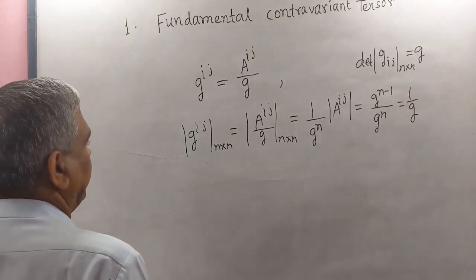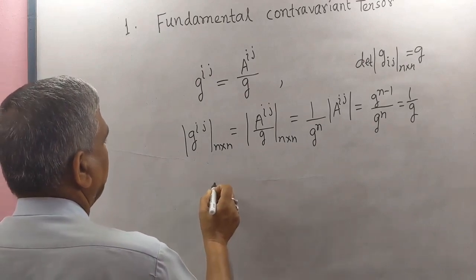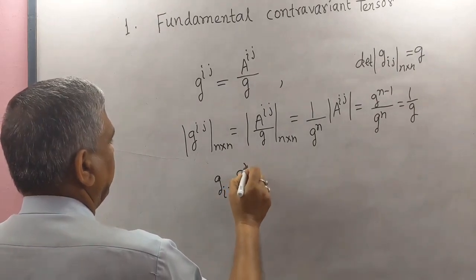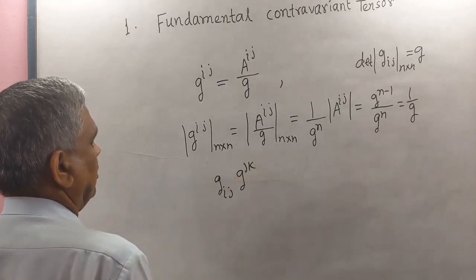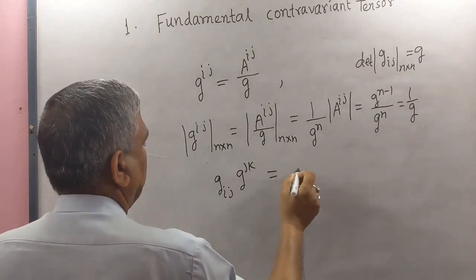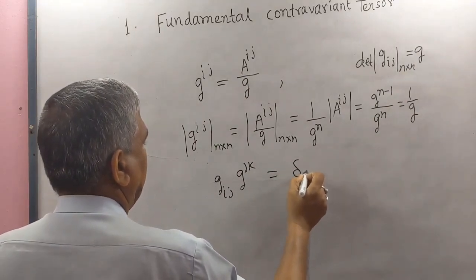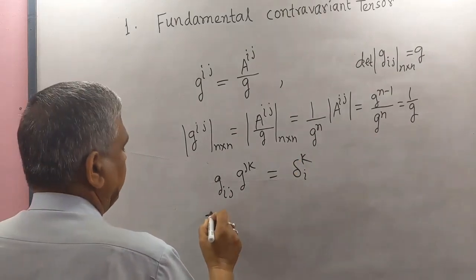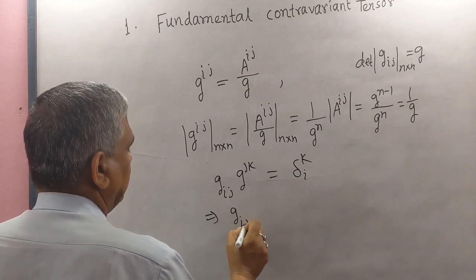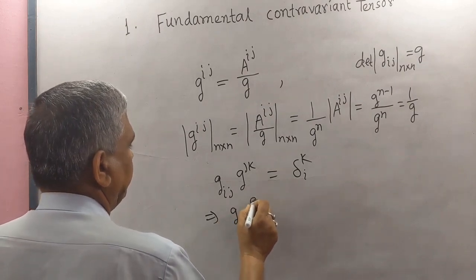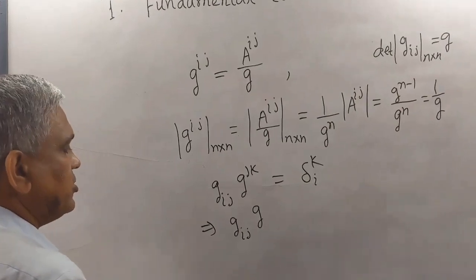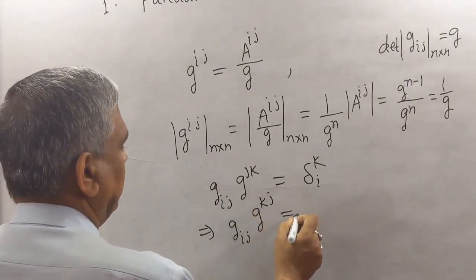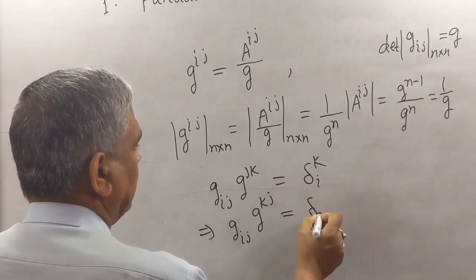Next we know the property of the conjugates as Gij Gjk equal to delta ik, which implies that Gij, this conjugate tensor is symmetric, Gkj equal to delta ik.